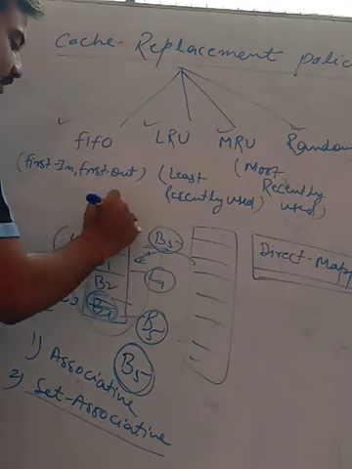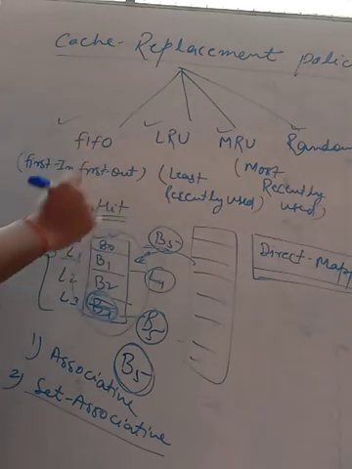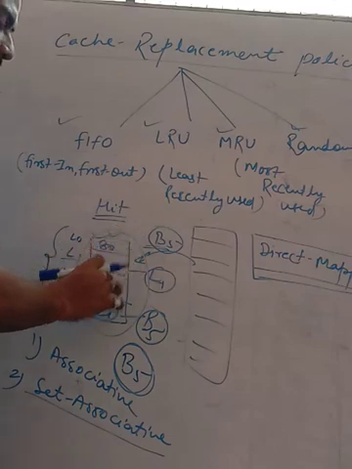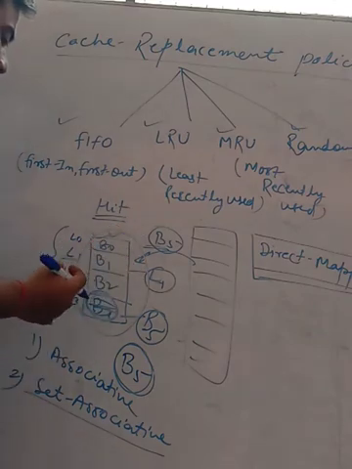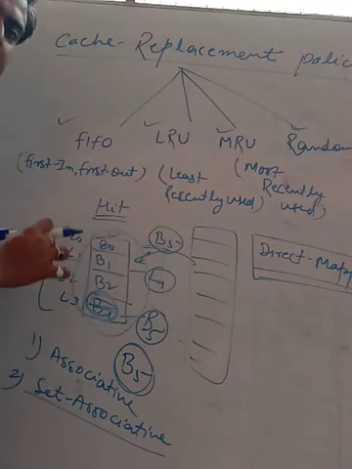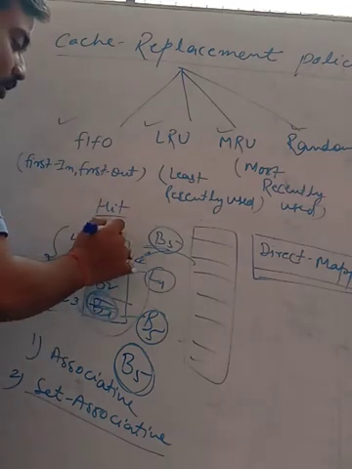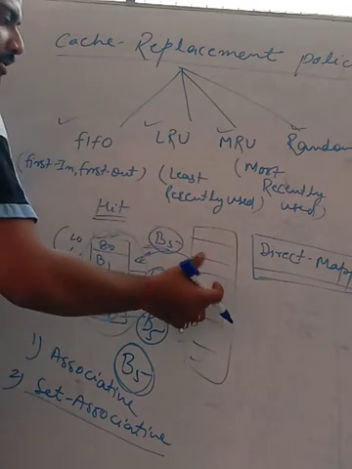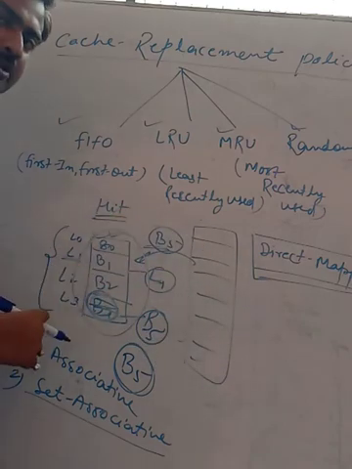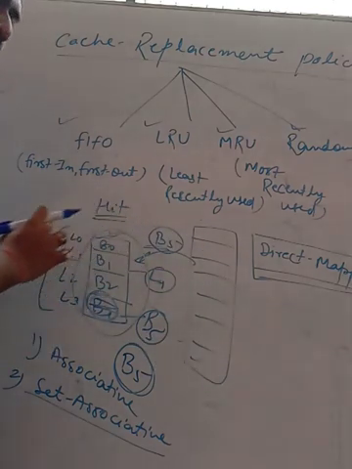This is called a hit. When the CPU requires a block from the cache memory and it is already present there, the process is called a hit. And when the data is not present in the cache memory and must be transferred from the main memory to the cache memory, it is called a miss.